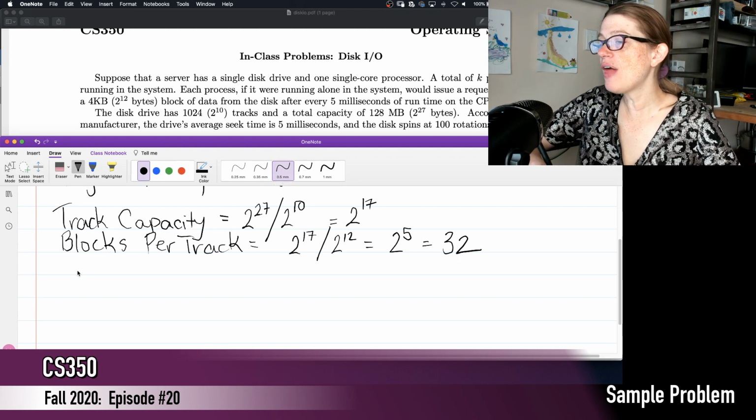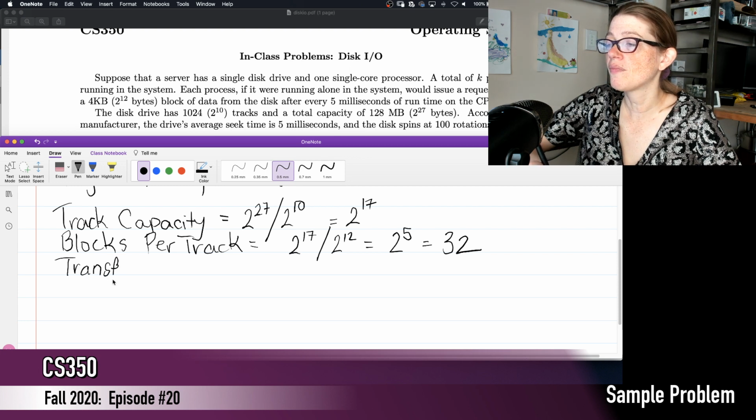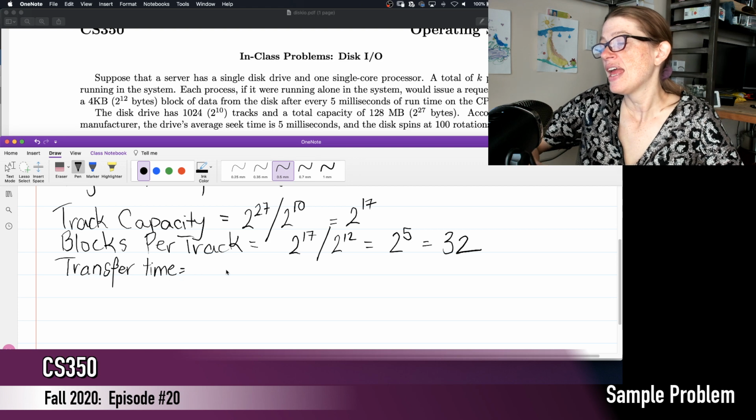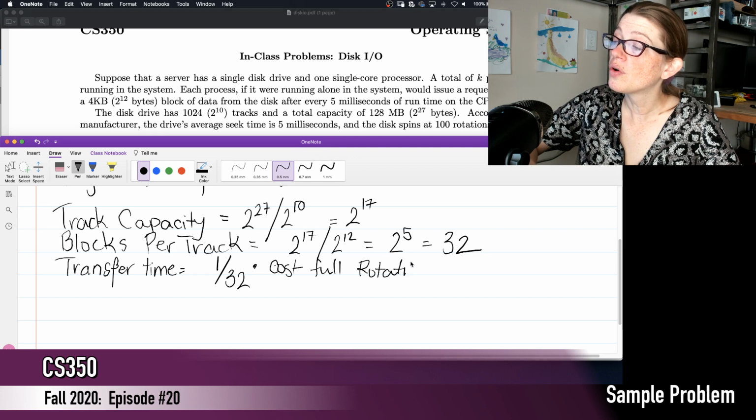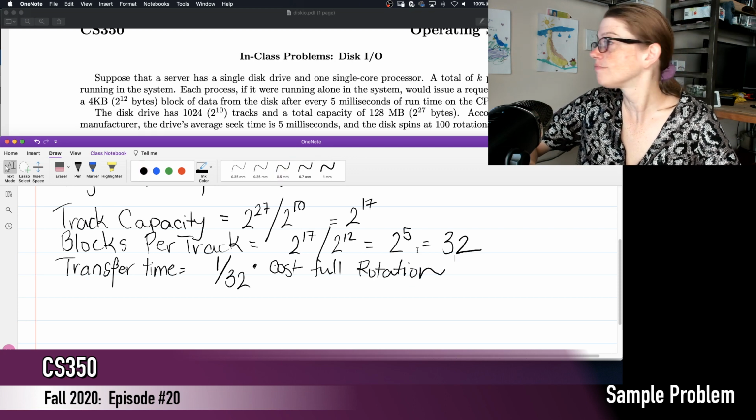And so that means that our transfer time is 1 over 32 times the cost of a full rotation.